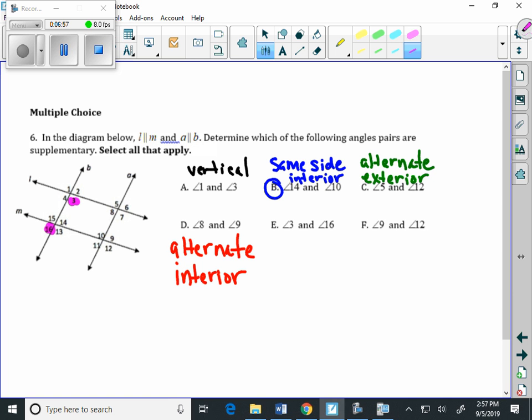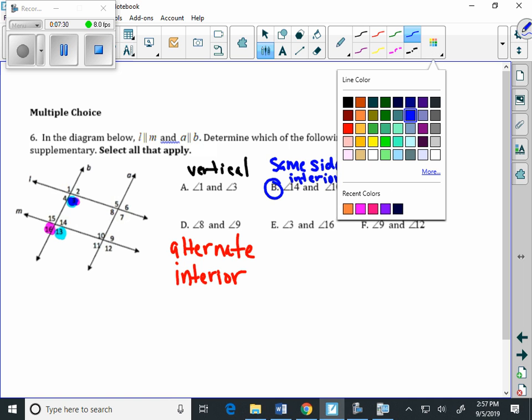The thing is, angle 3 is underneath line L and to the right of line B, and its corresponding angle would be angle 13. So angle 3 and angle 13 are corresponding. Then if we compare 13 to 16, we see that they're a linear pair, and those two combine to be supplementary.